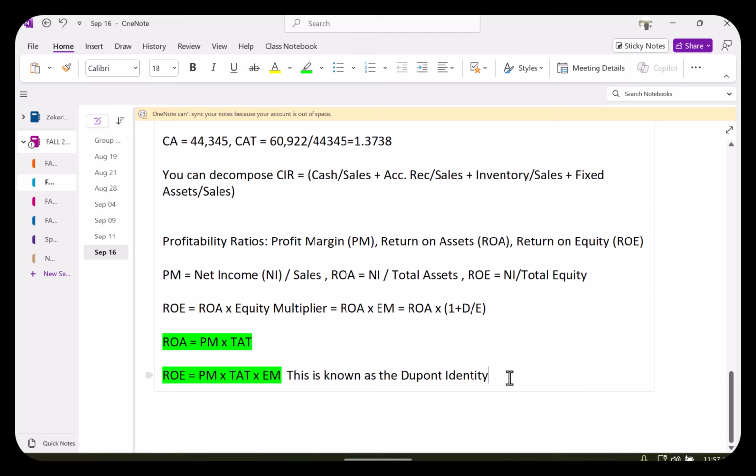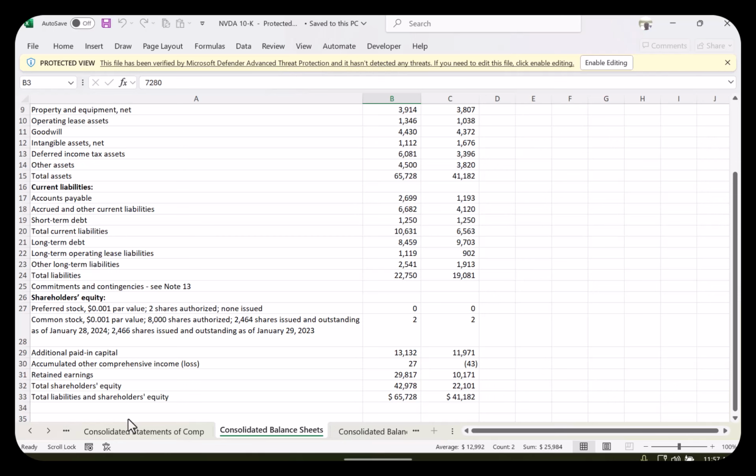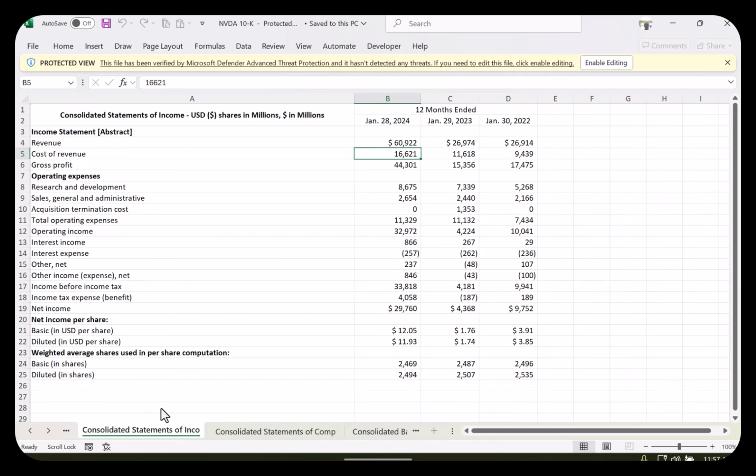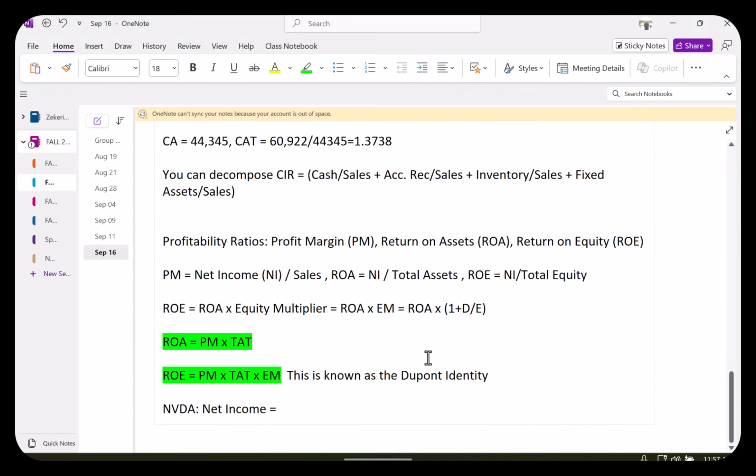So let's look at the numbers for NVIDIA. Let's look at net income: 29,760. Sales we already know, but let's write it anyway.